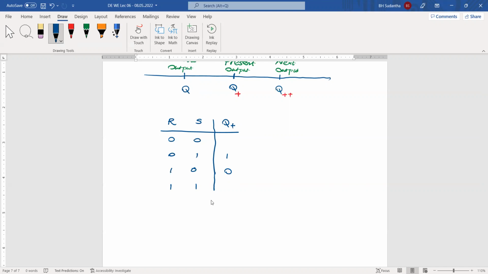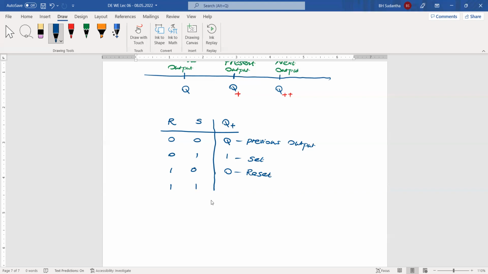Actually, we don't do anything now. But here we want to set, then the output will be 1. Here we want to reset, the output will be 0. Here we don't do anything, which means we keep the previous output. This is the previous output, this output will be set, and this output will be reset.